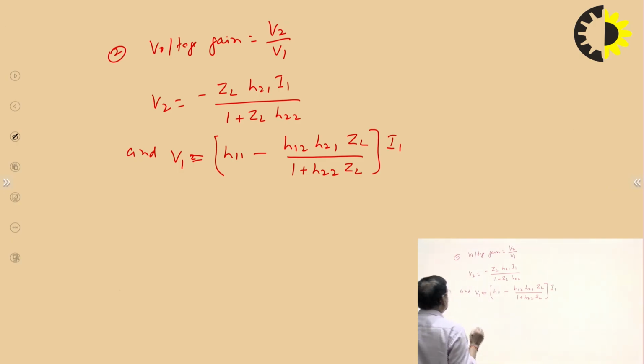So V2 upon V1, take V2 this one, this is V1.